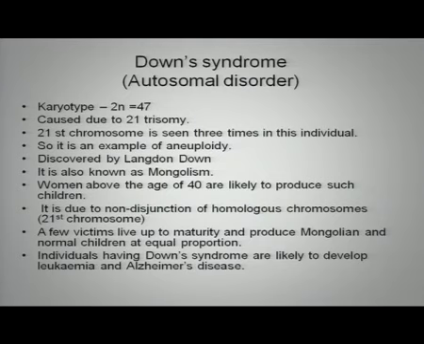Such individuals having Down syndrome are more prone to some other disorders. One is leukemia, the other is Alzheimer's disease. Here you can see some pictures of these affected individuals, people with Down syndrome.